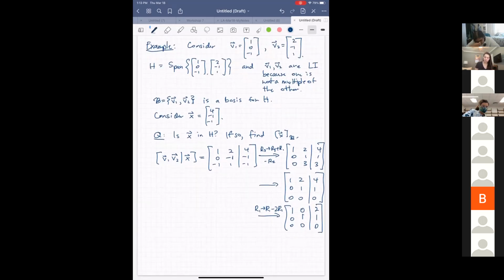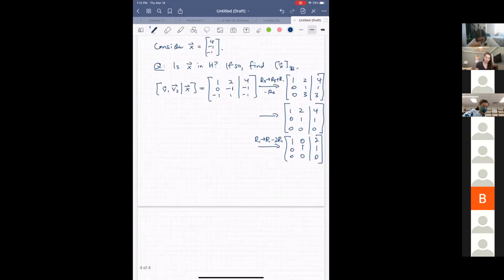Okay. So what this tells us is that if we were to set up an equation like C1 times V1 plus C2 times V2 equals X, that our solution would be C1 equals 2 and C2 equals 1.